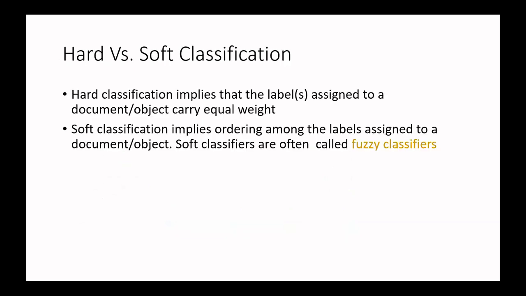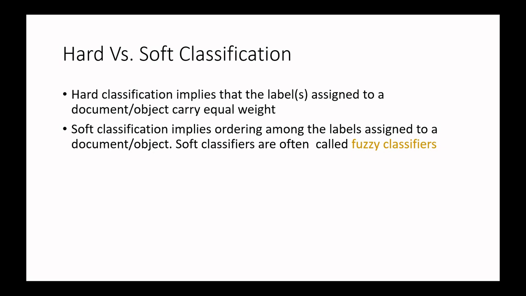In some instances, people talk of hard versus soft classification. Hard classification implies that the labels assigned to a document or object carry equal weight. You're basically saying this is either digit 9 or digit 5.